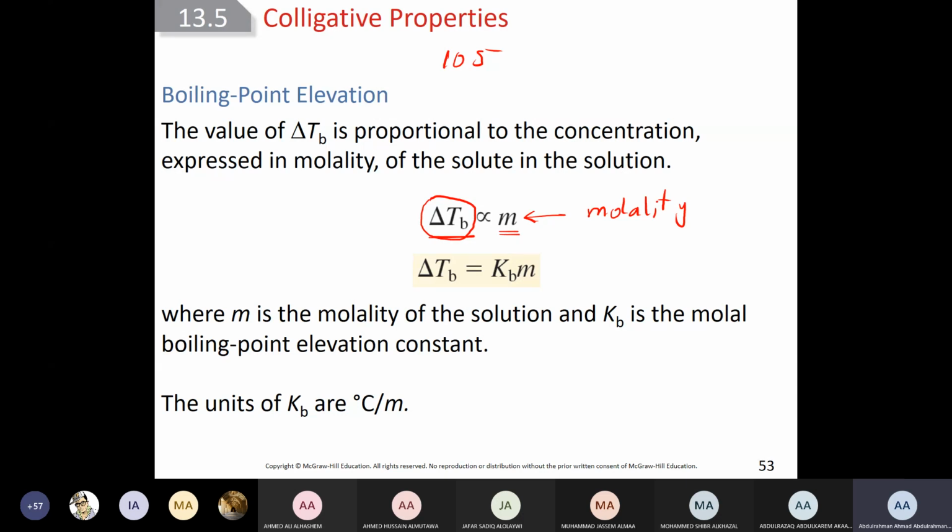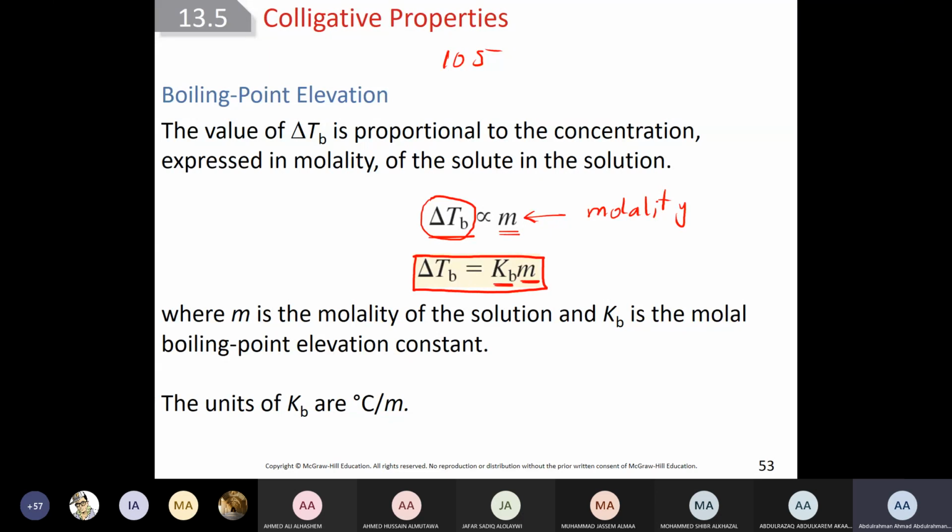Why? Because the normal is 100, and delta is the difference between them. Exactly. I want you to memorize this equation very, very well, which is delta TB, the change in temperature, is equal to m, which is molality, times KB.